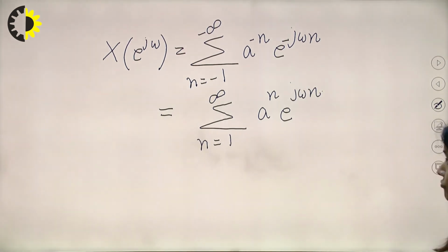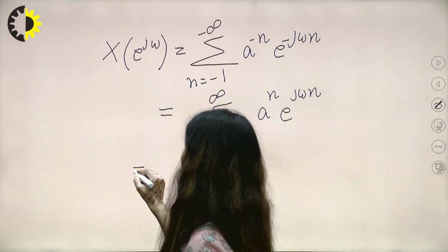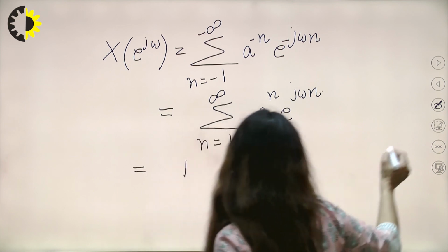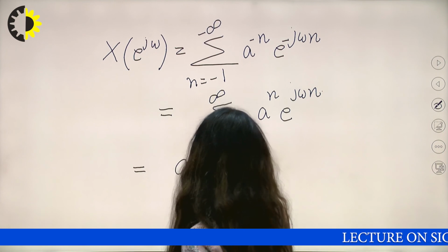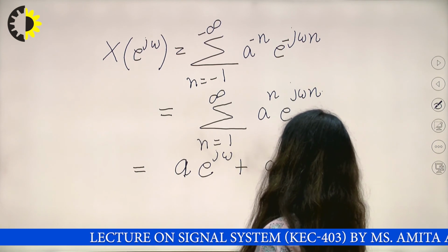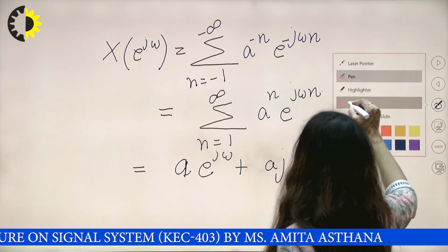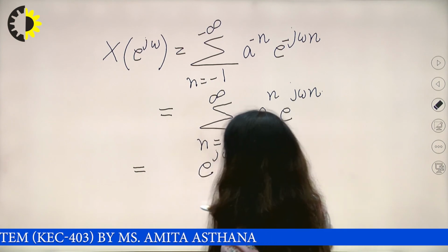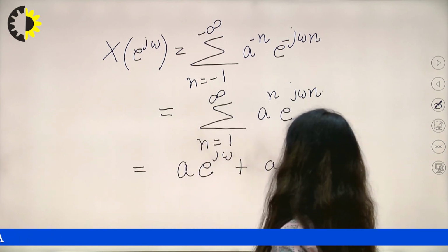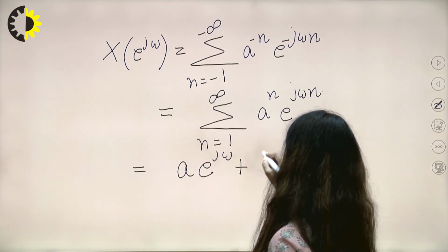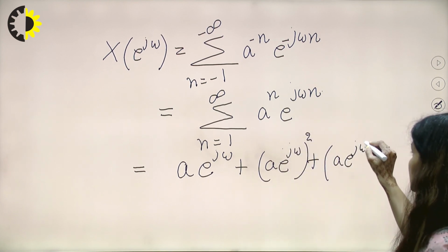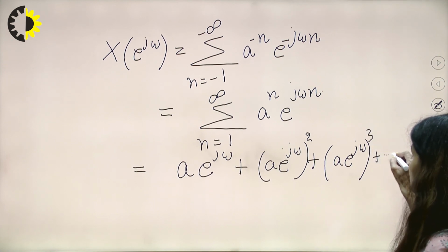By the summation properties, this will be a e raised to the power j omega plus a e raised to the power j omega squared plus a e raised to the power j omega cubed plus, and so on.